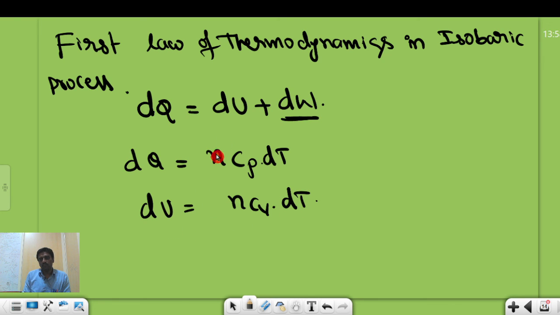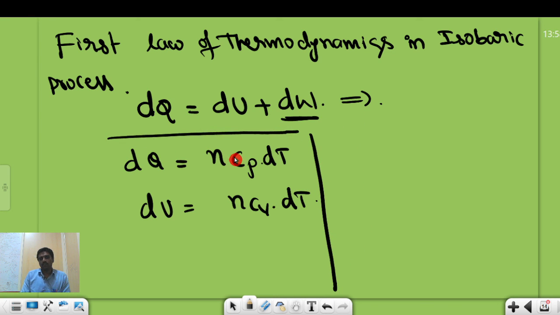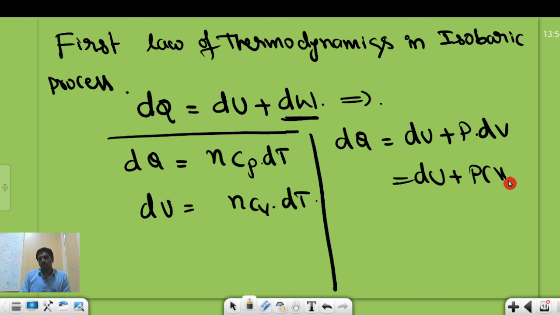If we substitute, this formula can be written: dQ is equal to dU plus P dV, that is equal to dU plus P into Vf minus Vi.